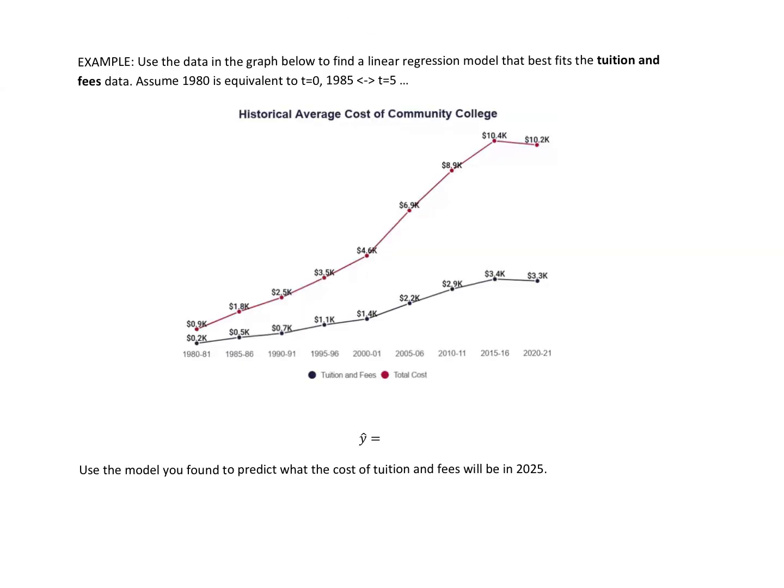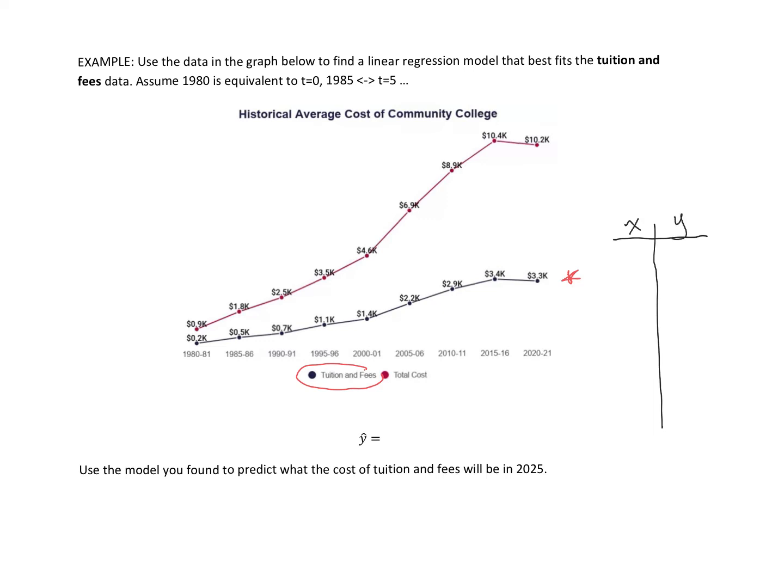So we're going to use the data in the graph below to find a linear regression model that fits the tuition and fees data. Our tuition and fees data is given by the black graph. We need to have some way to correlate, in other words, have an x value and a y value.